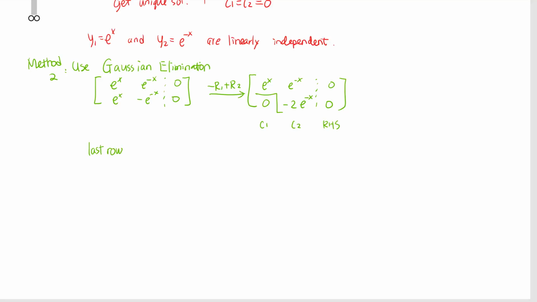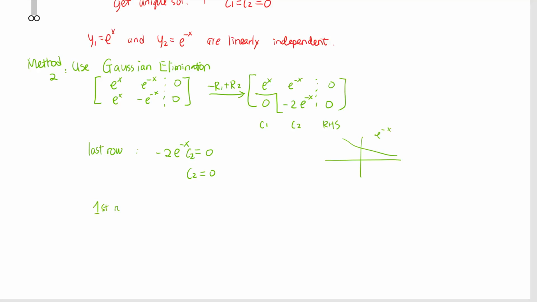The last row tells us that minus 2 e to the minus x times C2 equals 0. But e to the minus x is always positive and cannot be 0, so it forces C2 to be 0. Then we plug it back into the first row.